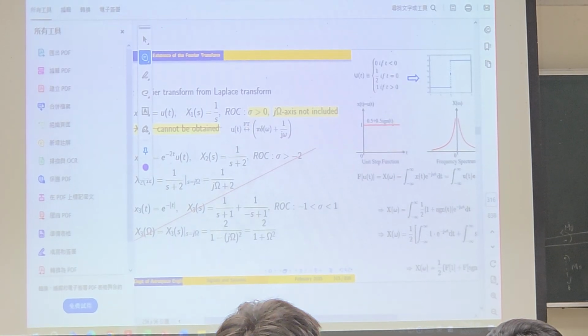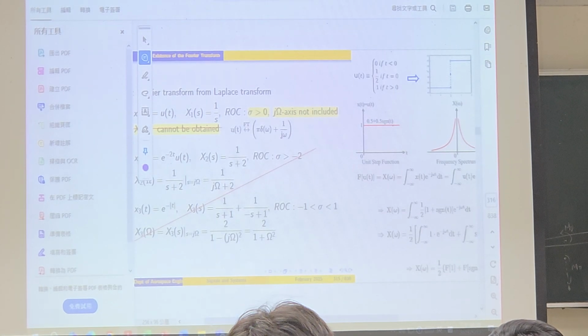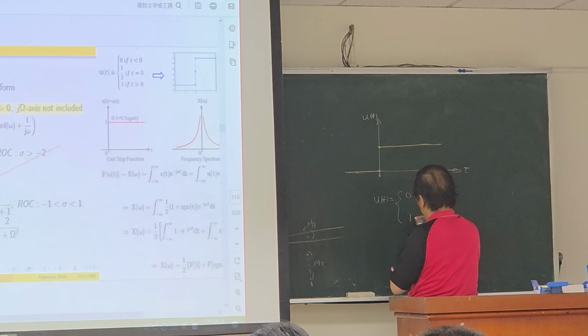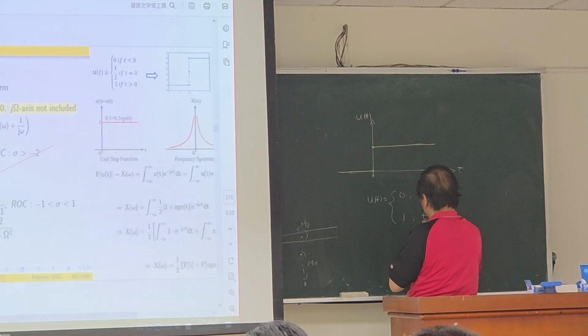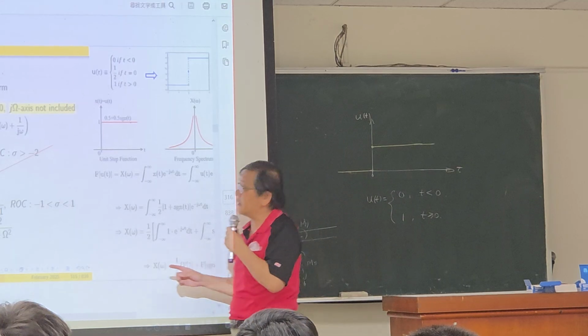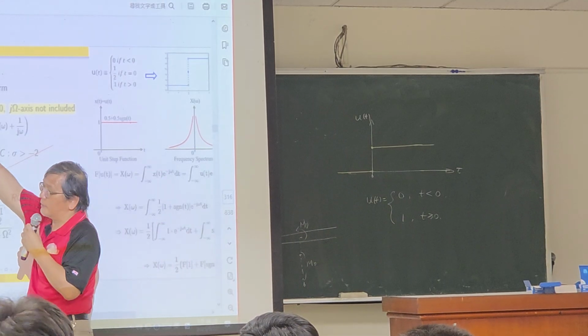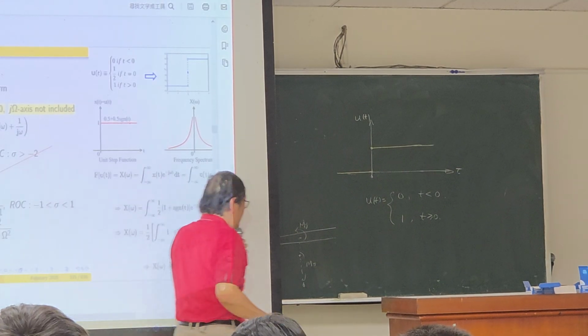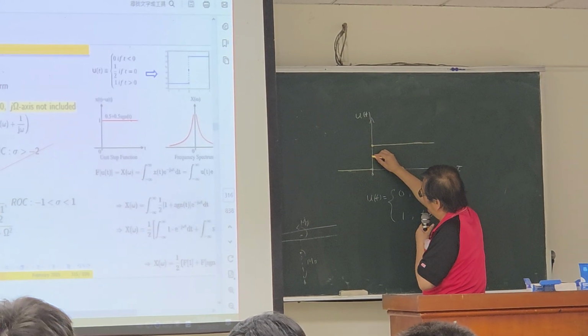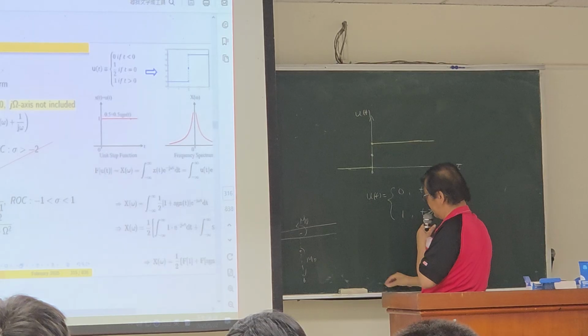Originally, we defined the unit step function of t as: the function value is 0 when t is smaller than 0, and the function value is 1 when t is bigger than or equal to 0. But in order to be integrable for the Fourier transform, we add one midpoint at 0.